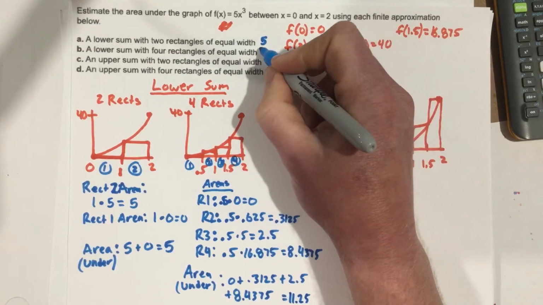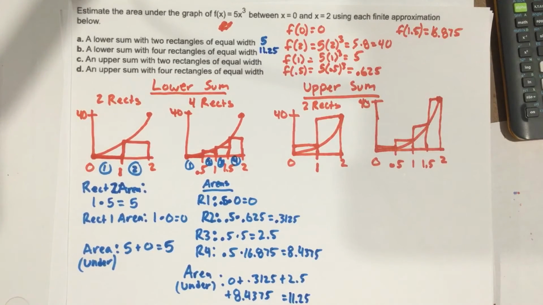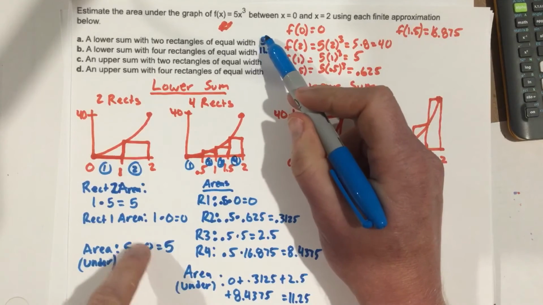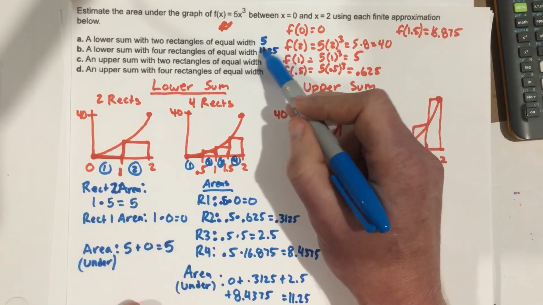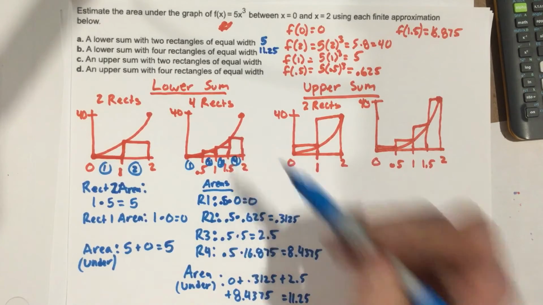So we have 11.25 here for that area. Okay, now you can see with two rectangles, our area estimate was 5. With 4, we get a better estimate, 11.25, a lot better. And you can see it's covering more area.